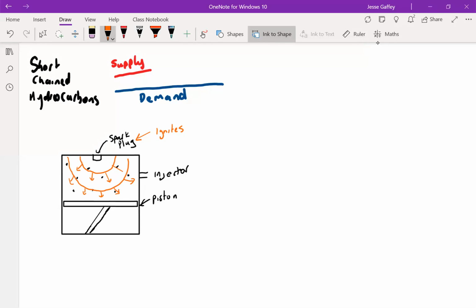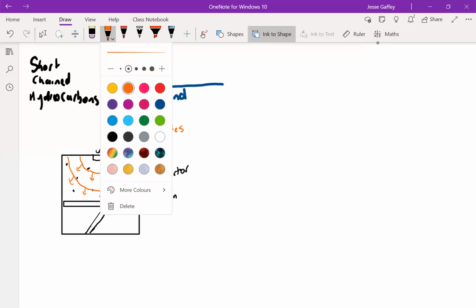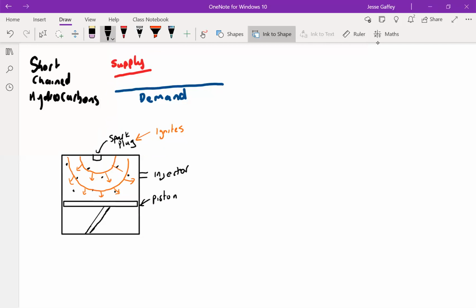Now, the energy and the gases created in this combustion, this burning of the petrol, is enough to make the piston move downwards. So the piston pushes downwards, and the downward motion is smooth. It's smooth and it's regular. So it's not jittery. There's no vibrations. It pushes down nice and smoothly.